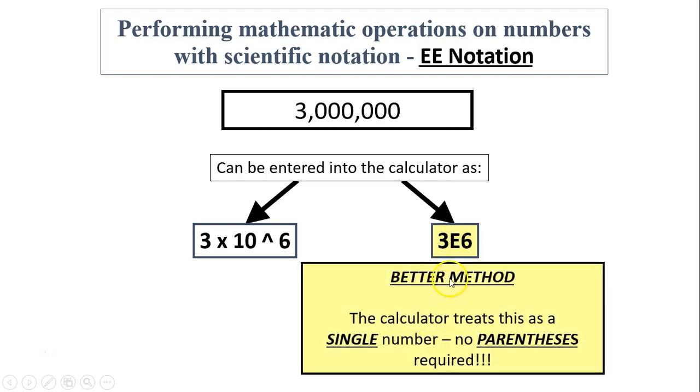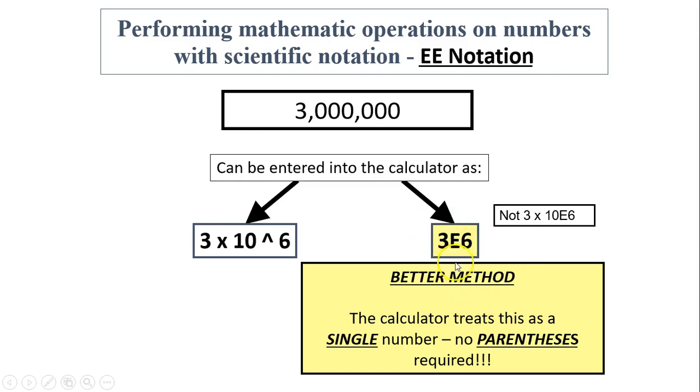This is a much easier way because we don't need to put parentheses when we do calculations. I want to remind everybody this is not 3 times 10 e6, it's just 3e6.